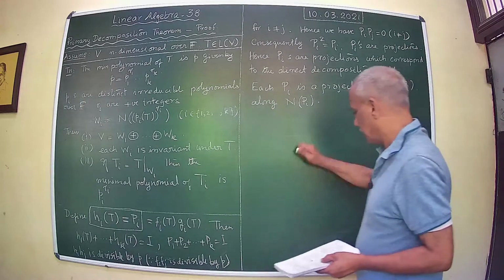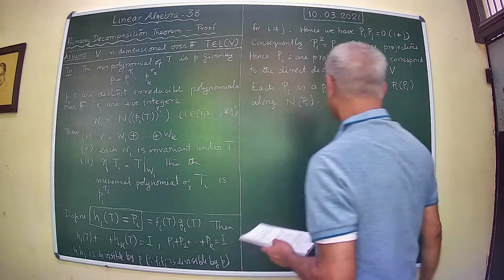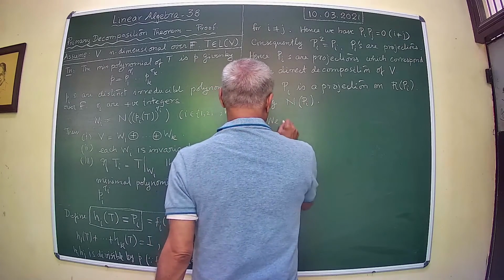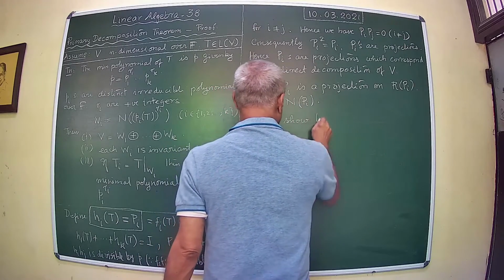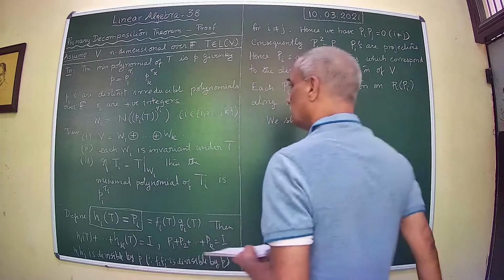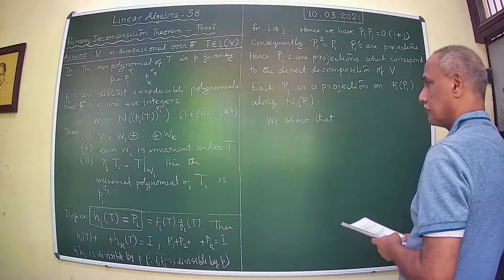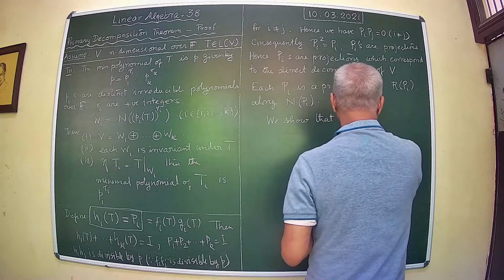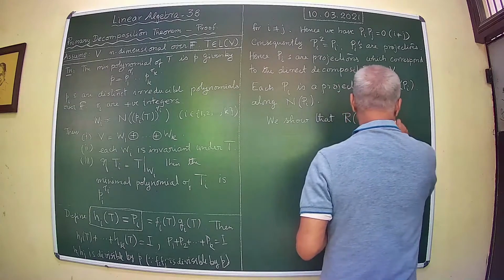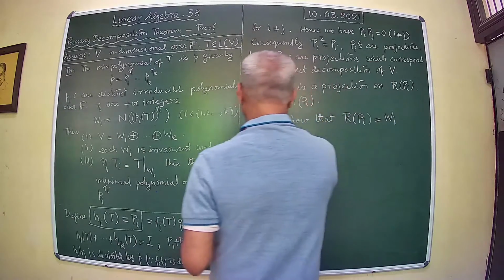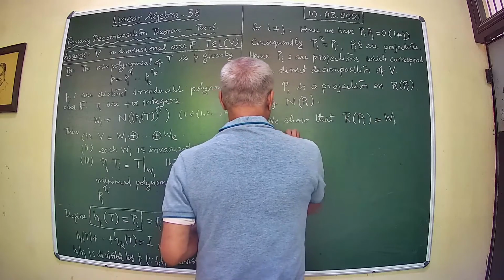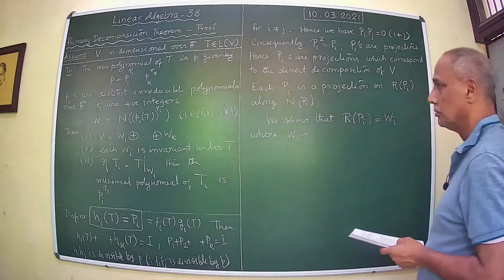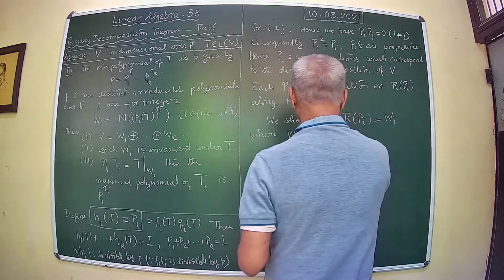So what we show is that, so we now show that the range space of the Pi, right, where Wi is equal to the null space of.